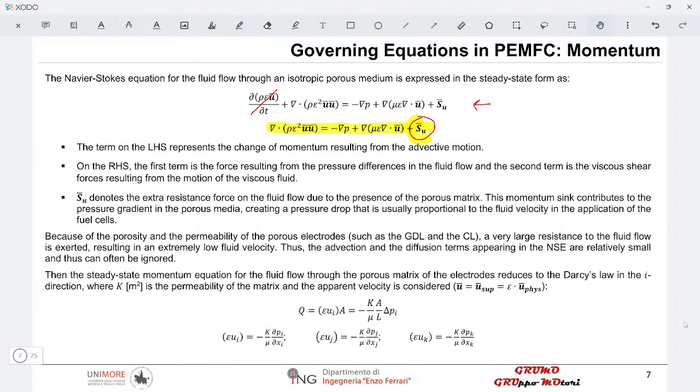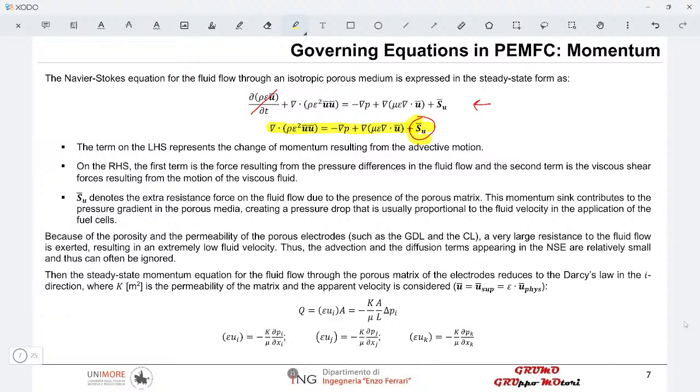Now, we have to specify this source term, especially in porous materials. When the fluid moves inside porous materials, typically we have extremely low velocities, as we said at the beginning. We are laminar also in the fluid regions, but when the flow enters into the porous materials, the velocities are even more reduced. Okay.